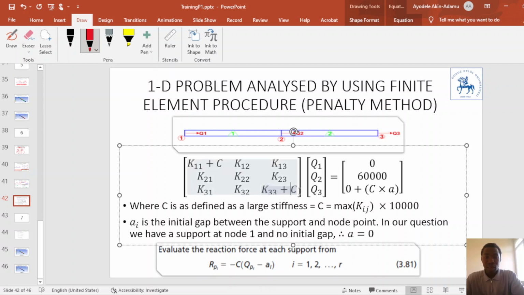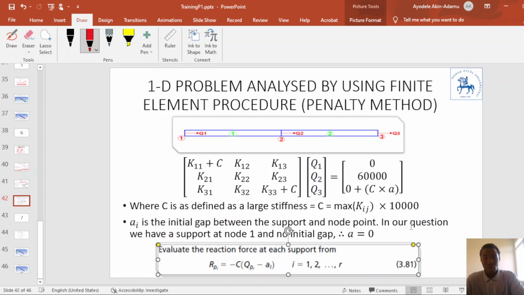Once this stiffness matrix is assembled and modified, and also the force vector is modified, we can determine our displacement vector from this matrix equation. Also, we can calculate our reaction at both support 1 and node 3 using this equation. I'm going to show you how you do this in the Matlab working environment.